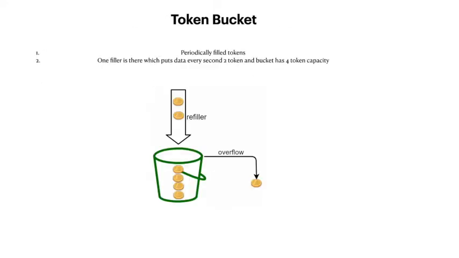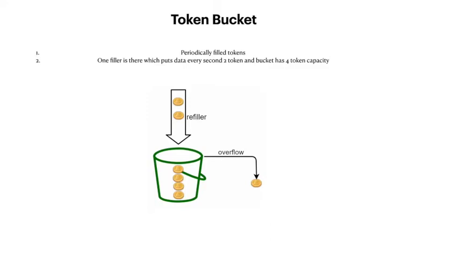If you see token bucket, the name itself says that there is a bucket which holds the tokens. When your bucket is empty, at that time we will not allow processing of your next request. In this diagram, you will see 2 entities: one is a filler, one is a bucket.